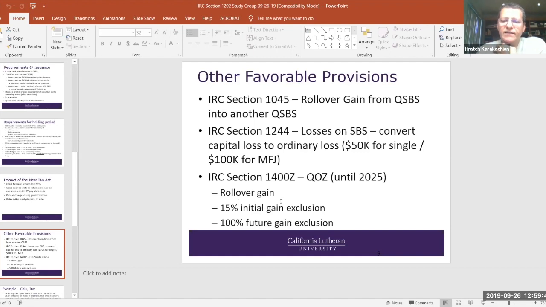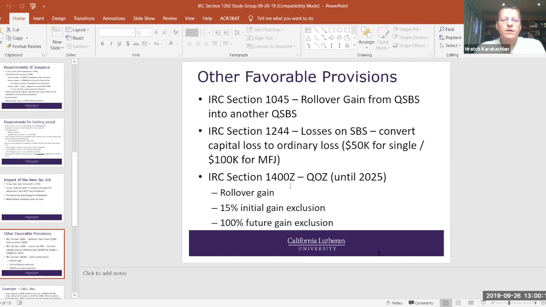You have to hold the asset, the enterprise, for 7 years to get the benefit. And after the rolled over gain is included in 2025, any future appreciation is excluded. But 1400 could be combined with 1202.